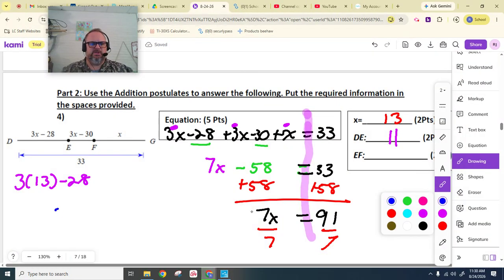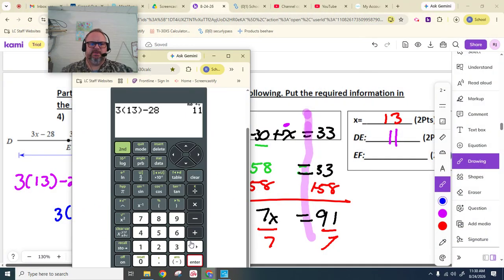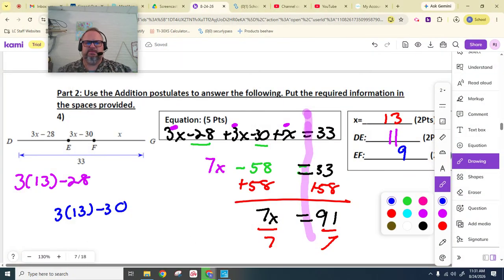And then this one, 3 times 13 minus 30. So this should be 9.